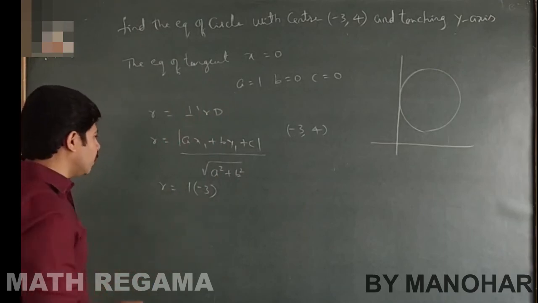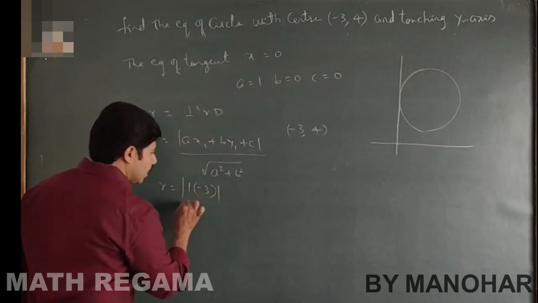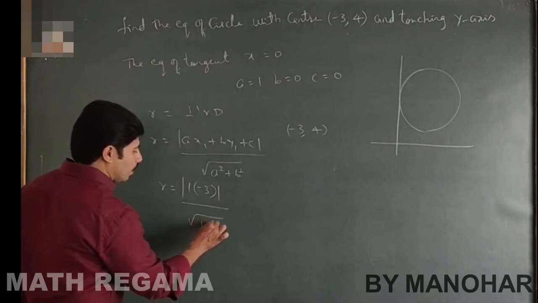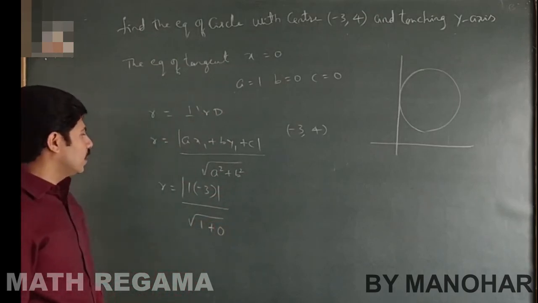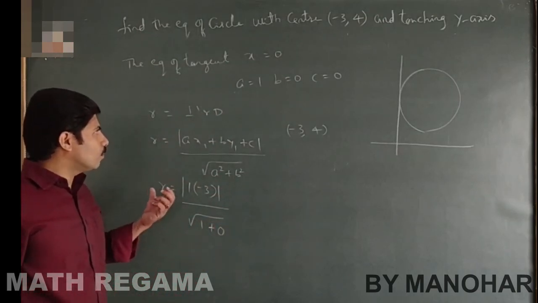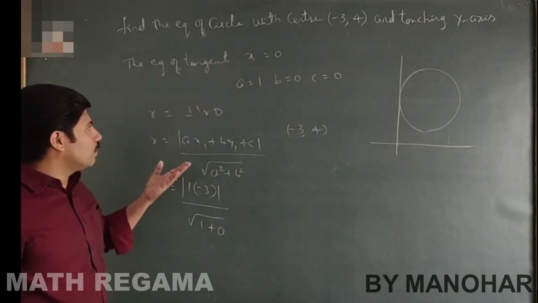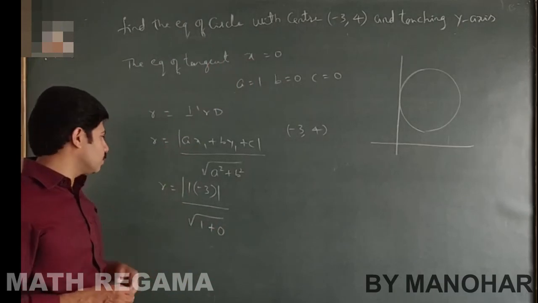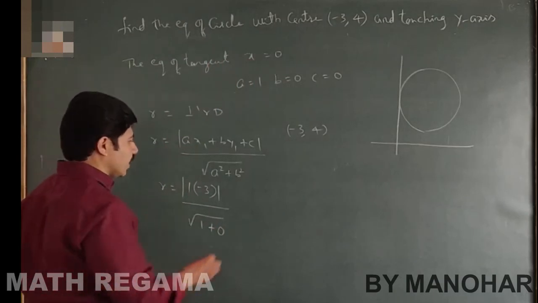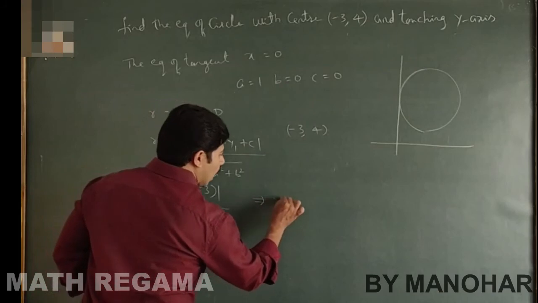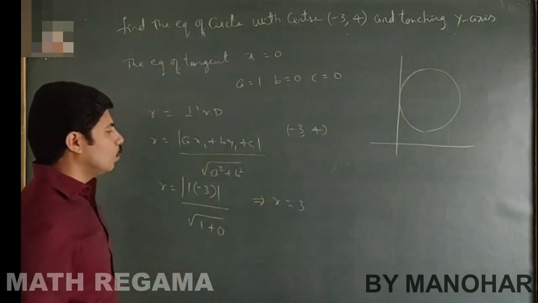So we are left with 1 into minus 3 by under root of a square plus b square. The a value is 1, x1 is minus 3, and we don't have b and c as they are 0, so we are not substituting. So what radius are we getting? If you remove the mod, the r value is 3 units.